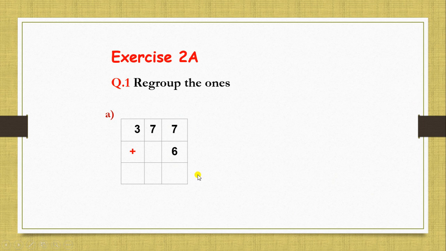So 7 plus 6 equals 13. 1 will be carried to the next place. In the next place, 7 plus this 1 equals 8. Now here 3 will come as it is because there is no number to add to the 3. So the answer is 383.